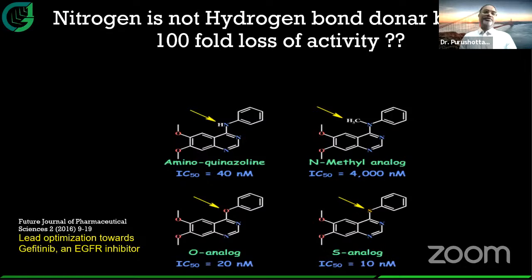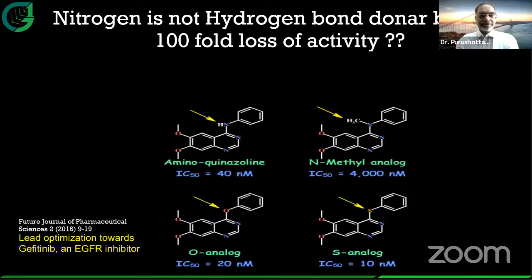So these four molecules will teach us a lot of insights into structural modification and drug design, or drug discovery. You could see that the next molecule synthesized was the O analog, and the O analog is again active, and it is more active than the NH aminoquinazoline analog.